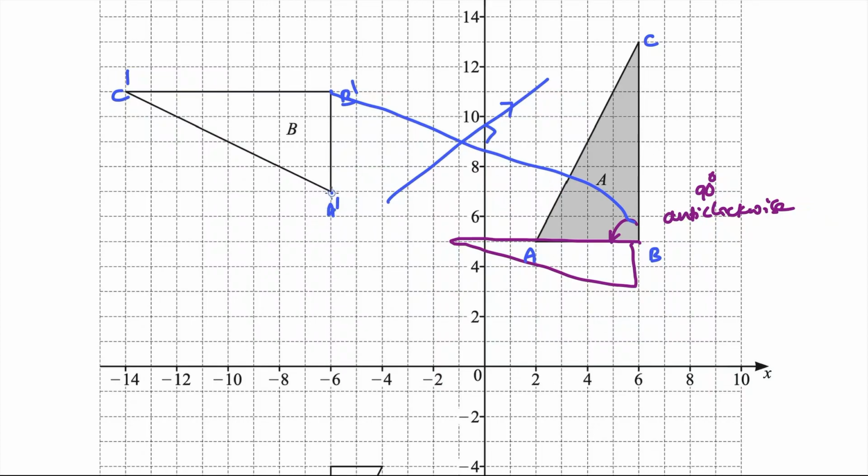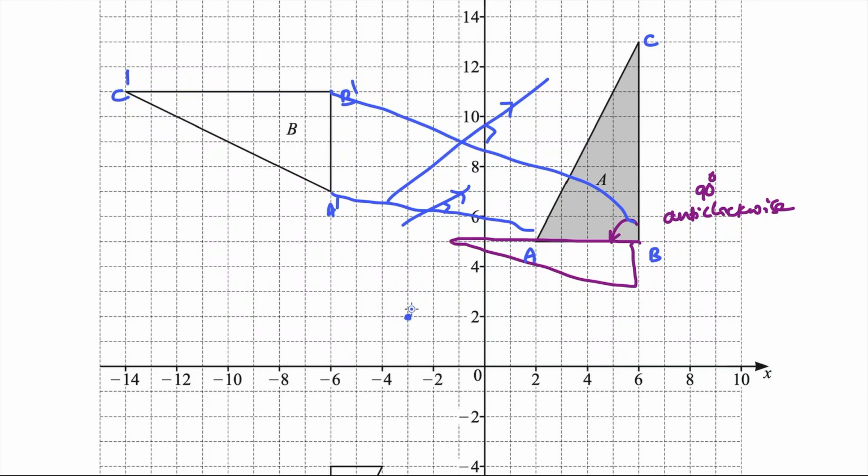Similarly A and A dash, you will join them and draw its perpendicular bisector, and the two meet at a point. I am not going to do it here because it's very difficult, but in this case these two meet at -3, 2 if you draw the perpendicular bisectors correctly.